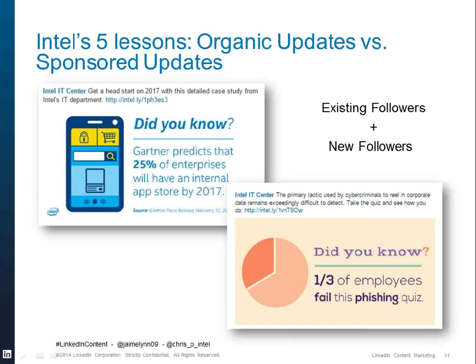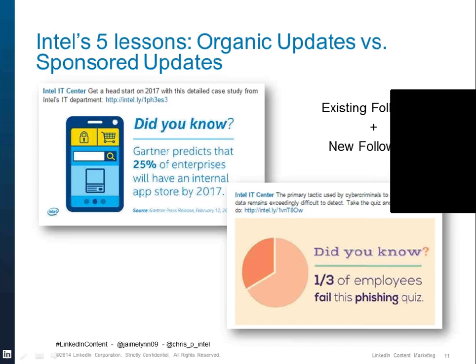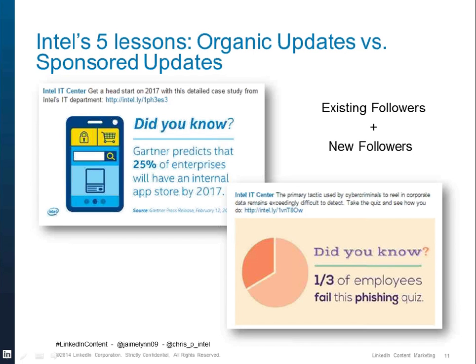But we also see very different responses in the way our audience responds to our posts. As our audience has grown larger, I believe I'm starting to see this diverge a little bit. People who have been engaged with us, existing followers, respond to our content very differently than people that we're trying to acquire as new followers. So think about how and when you apply sponsorship or paid media to posts, and think about what that post is trying to do.